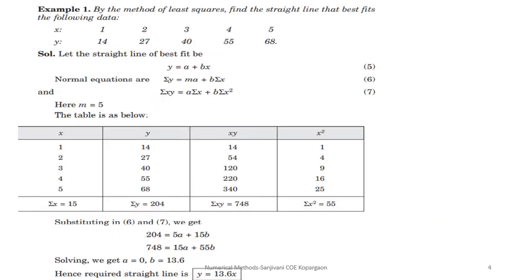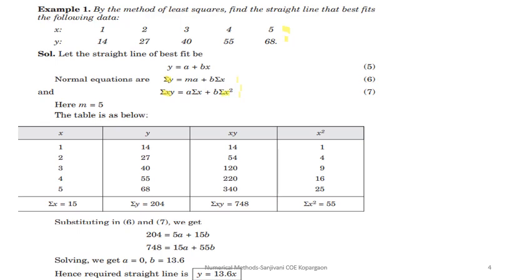So this is one simple example. In this example, the data x and y is given. You could see that x is an independent variable, y is a dependent variable. Looking at these two equations, whatever terms will be required are found. We require summation y, summation xy, and summation x square.